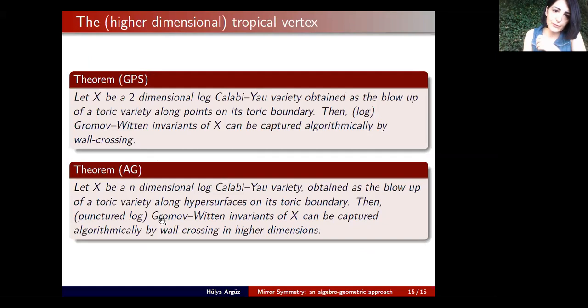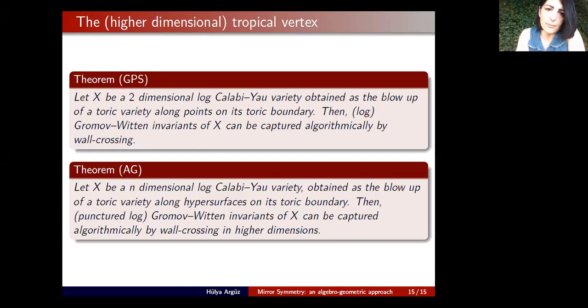And what we did with Mark Gross was to extend the result of Gross and Siebert to higher dimensions. In our paper, which is on arXiv this year, we showed that if you have an n-dimensional log Calabi-Yau variety, which is obtained as a blow-up of a toric variety along hypersurfaces in its toric boundary, then Gromov-Witten invariants of X can be captured algorithmically by wall crossing in higher dimensions.